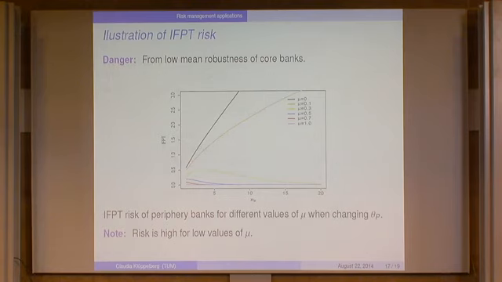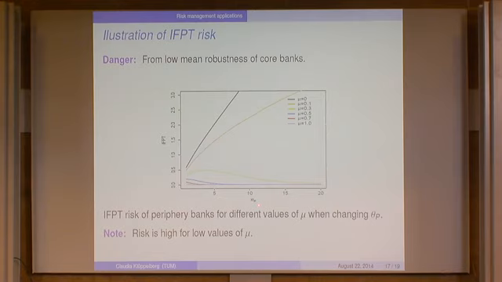So let's look at that. We have this, let's call it a default risk, the inverse first passage time risk. And here you see how this now works. We have different graphs. Let's start with this one.